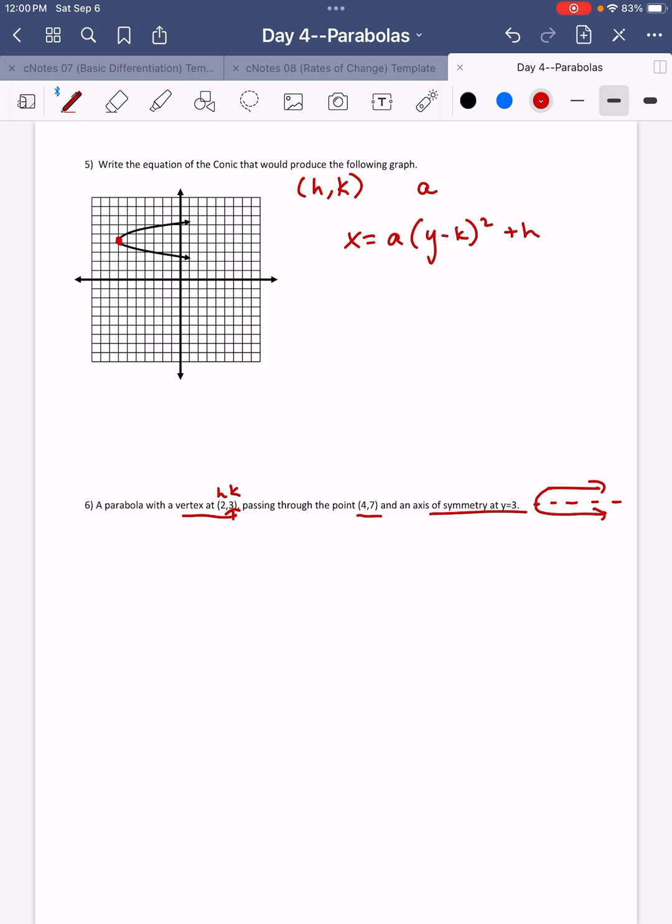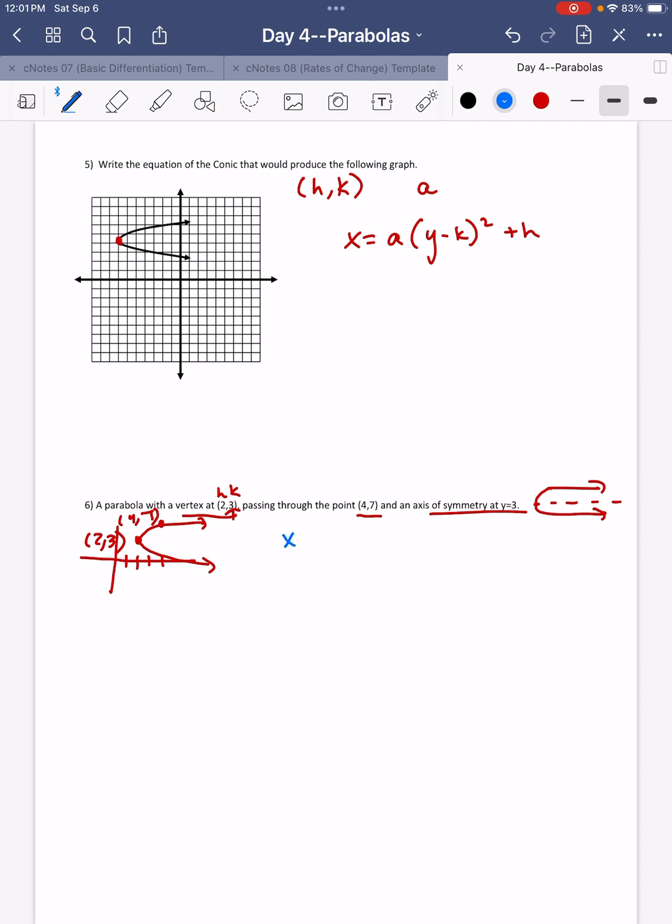So what we want to figure out is the a value, let's just sketch real quick. 2, 3 is my vertex. 4, 7 is a point. Okay, so 4, 7, and 2, 3 are my 2 points. So it is a sideways parabola opening up to the right.